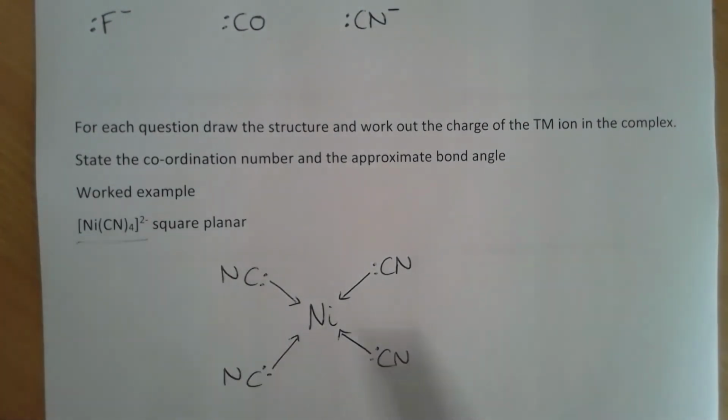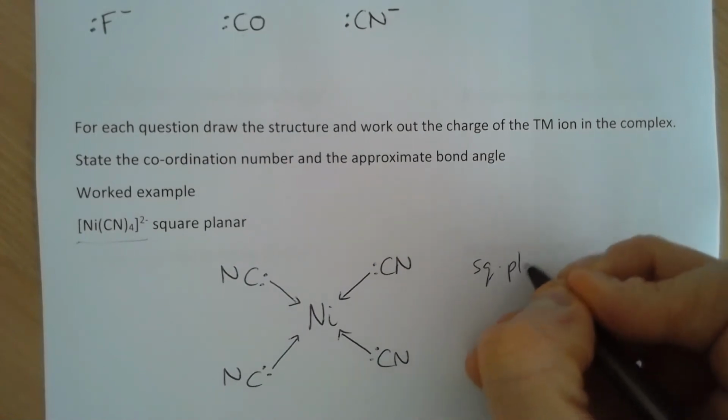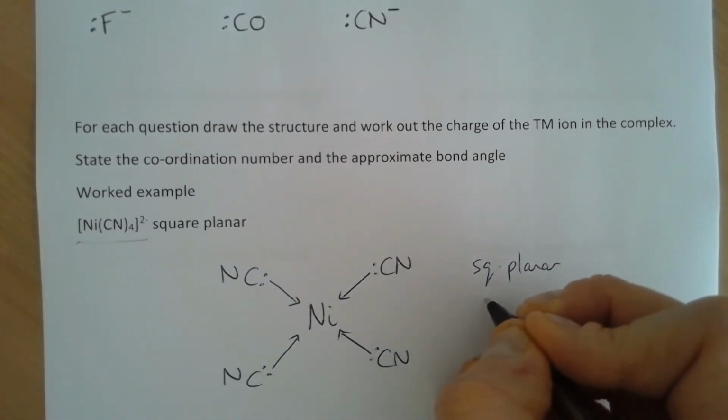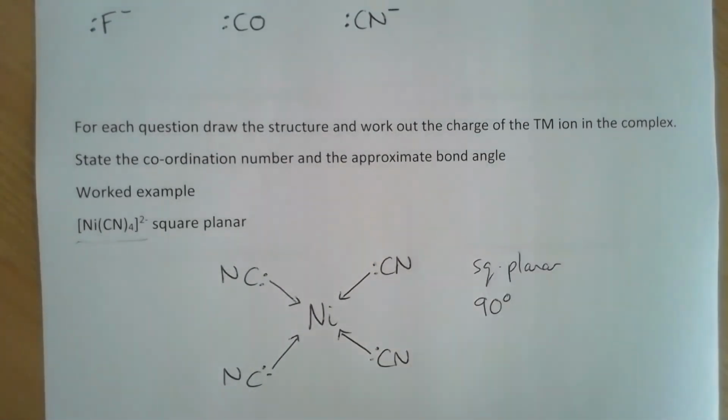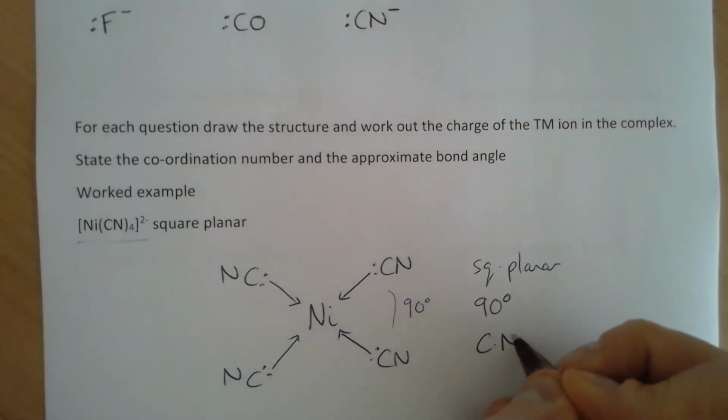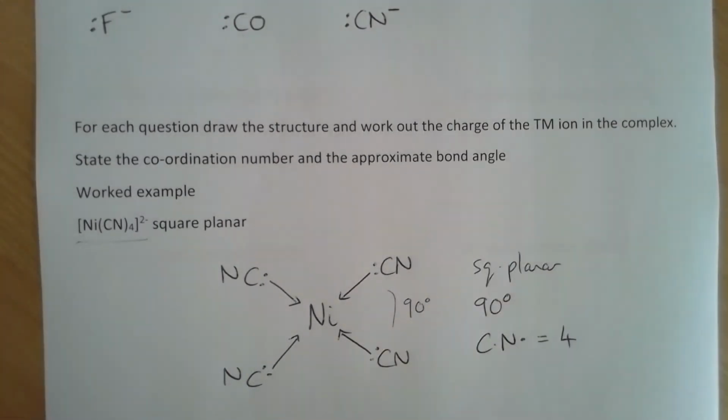So it's square planar, so the bond angle is going to be 90 degrees between the CN-Ni-CN bond angle there. The coordination number is going to be equal to 4 because there are 1, 2, 3, 4 dative covalent bonds.